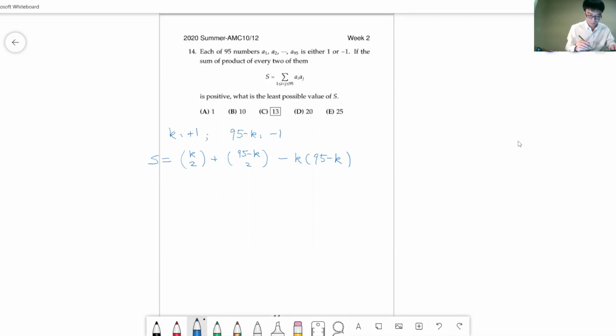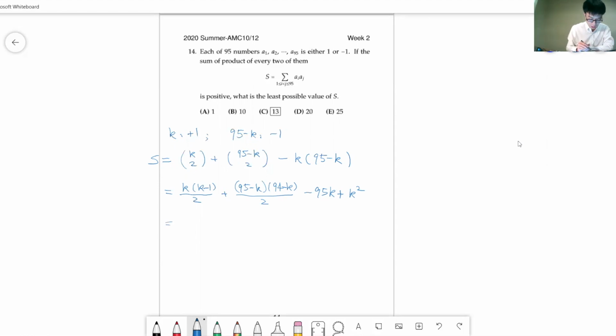Now let's expand those expressions. K choose 2 is k times k minus 1 over 2. This is 95 minus k times 94 minus k over 2, and minus 95k plus k squared. So S is a function of k. Now let's simplify this expression by combining similar terms.